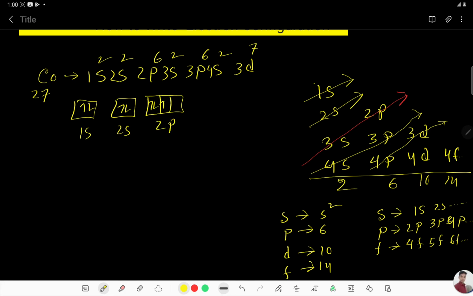Here we have 6 electrons, then 3s, here we have 2, then 3p, we have 6 here, and after 3p we have 4s.